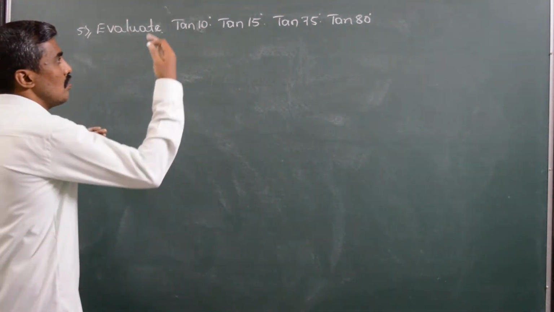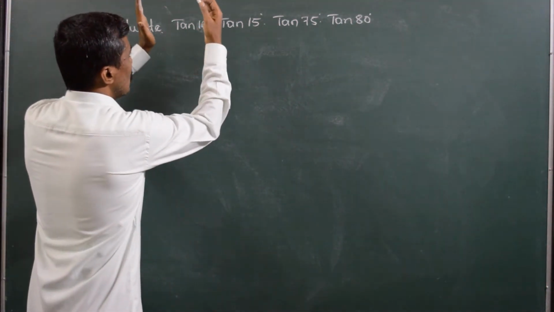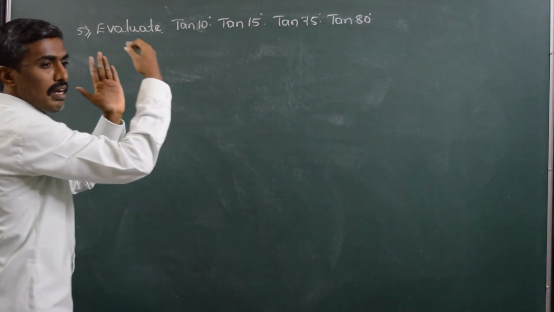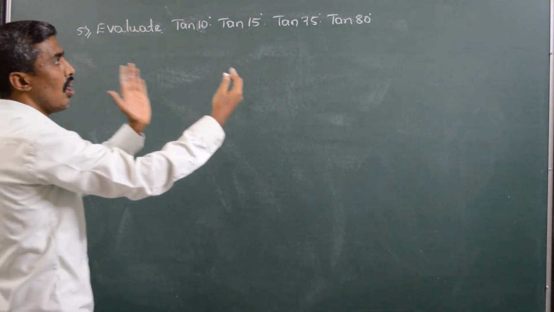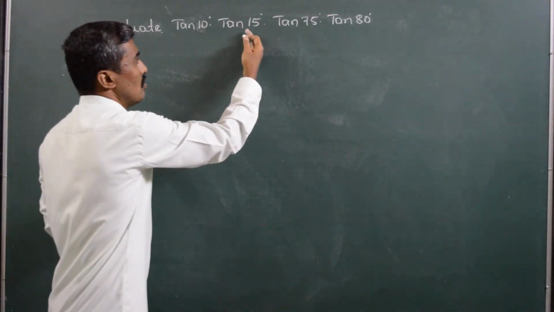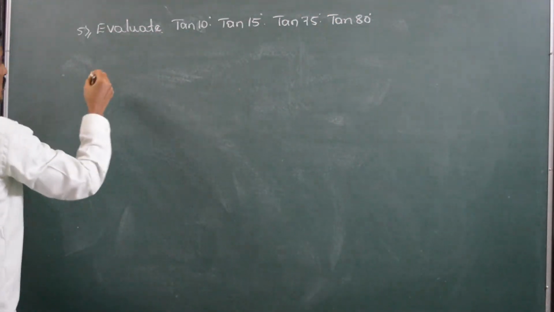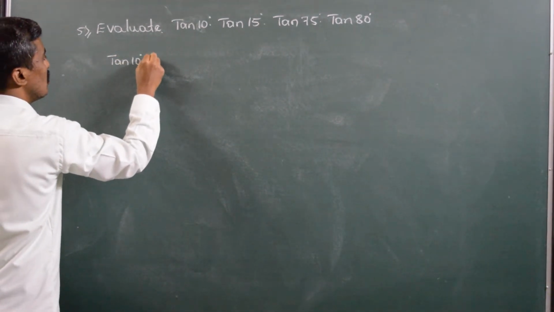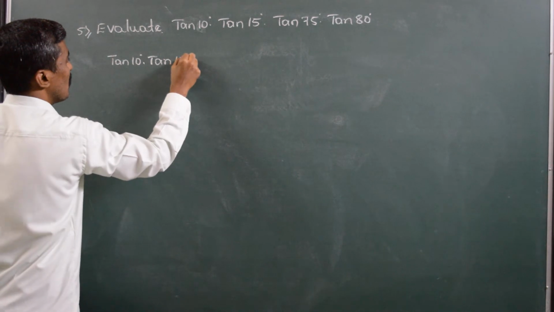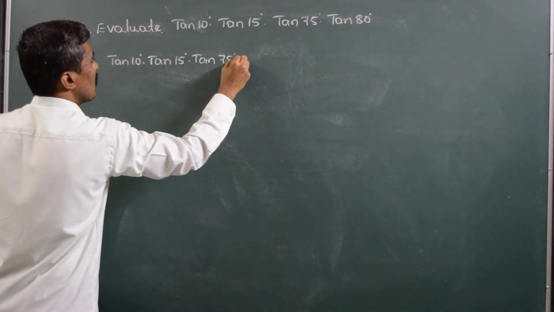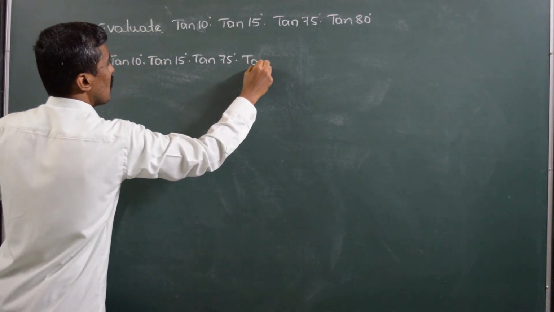Therefore convert either tan 10 degree, express 10 degree in terms of 90 minus something, or 80 degree in terms of 90 minus something. Similarly for 15 and 75. So I will take the expression as it is, tan 10 degree into tan 15 degree into tan 75 degree into tan 80 degree.